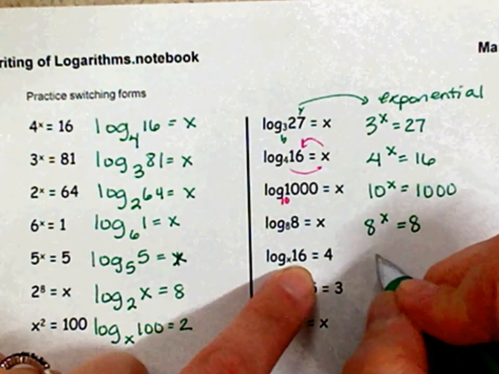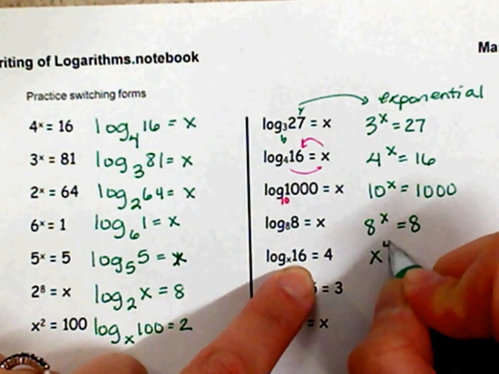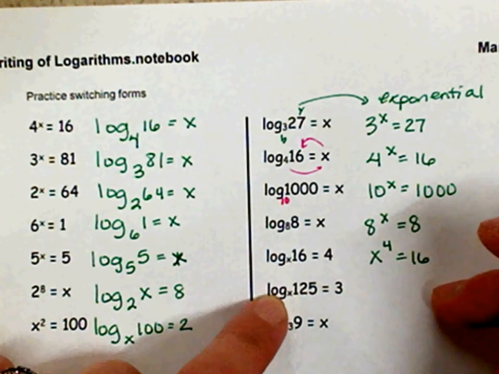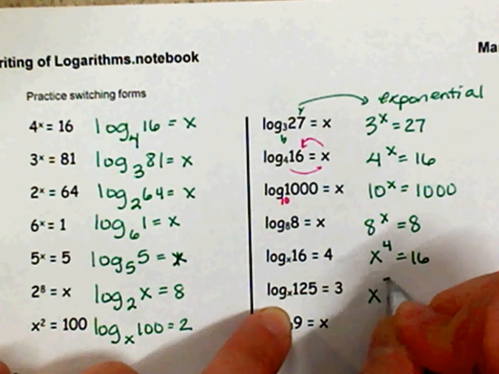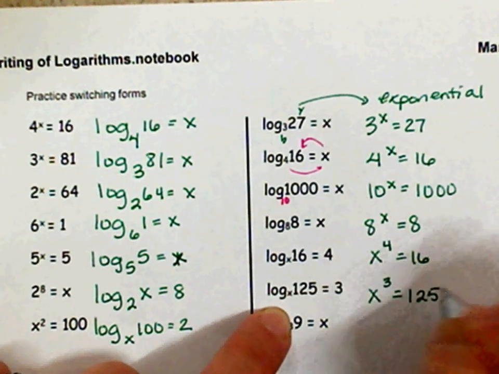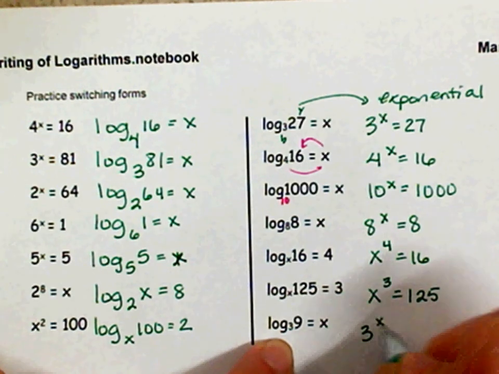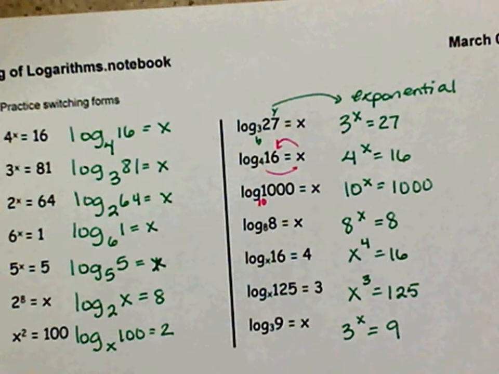Base is x, x to the 4th is equal to 16. See, I just got rid of the word log, okay? x to the 3rd is equal to 125. Base is 3, 3 to the x equals 9. Just like that. All right.